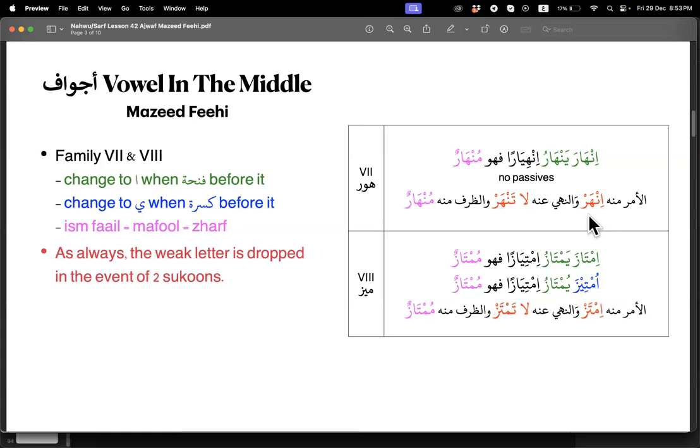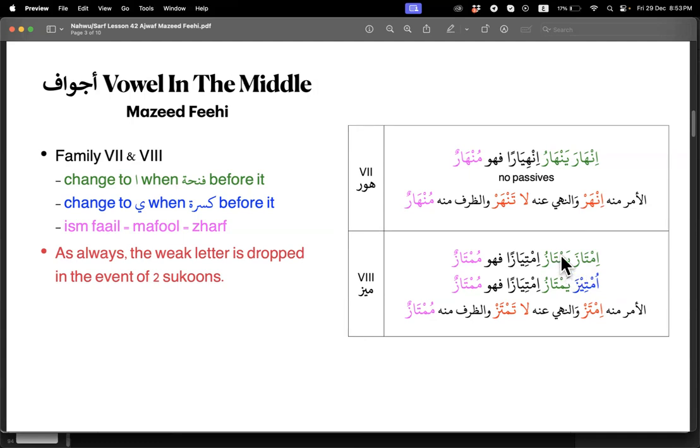Same thing with family 8. Family 8 is supposed to be iqtaroba, so imtayaza is supposed to be. But the ya, same thing happens here. The ya has a fathah before it, so imtaza.